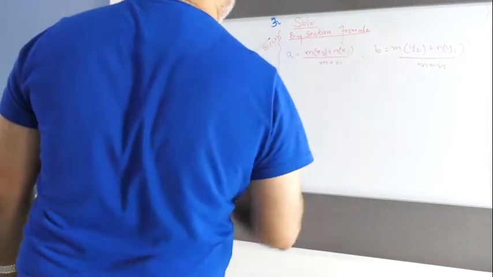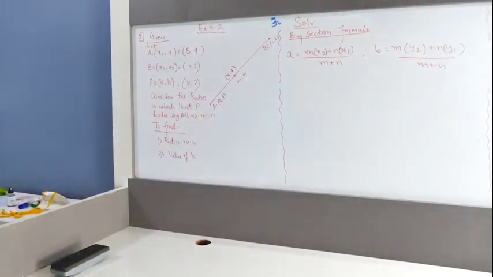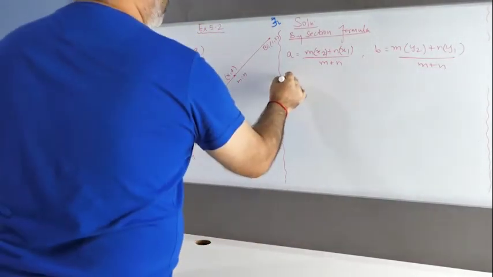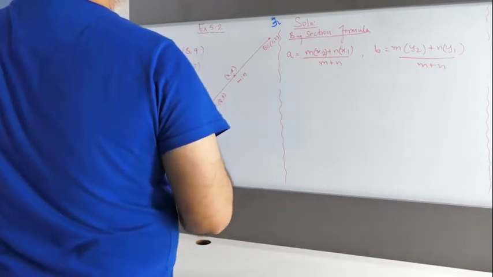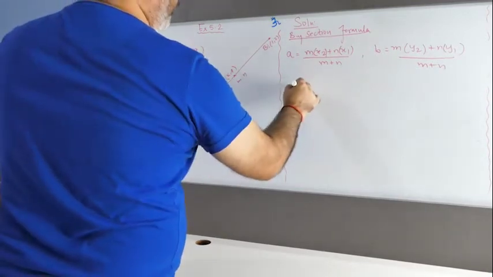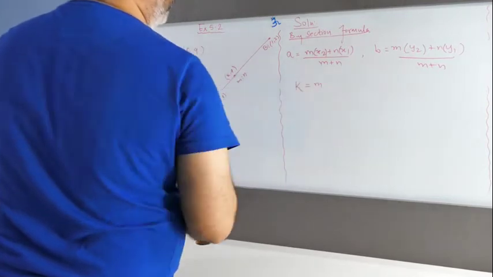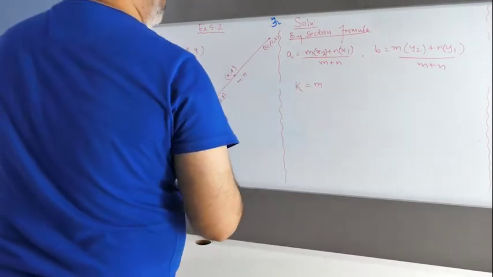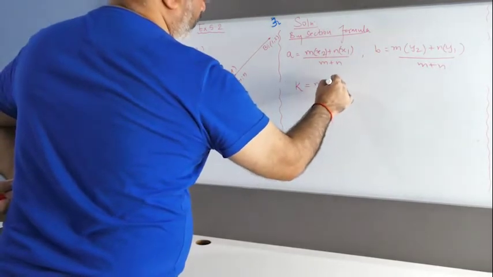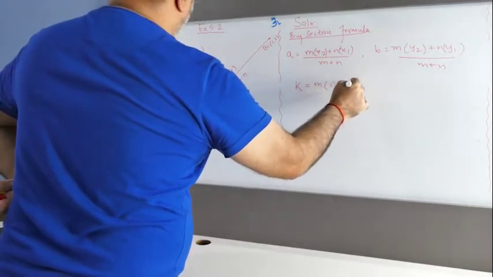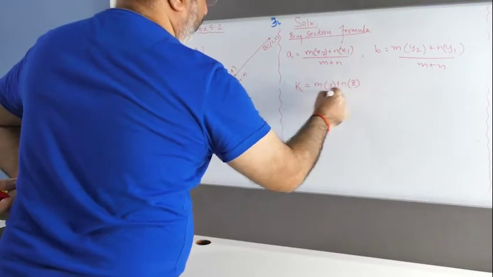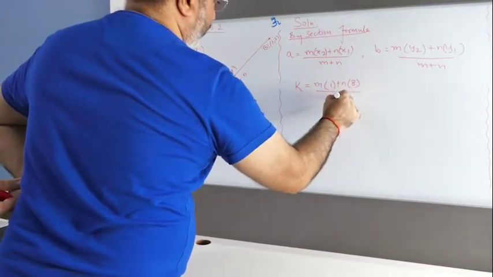Okay, clear? Now let's substitute. So, do we know the value of A? No, we have to find out, but it's given as K. Let's substitute K. M we don't know. What is x2? The value of x2 is 1. What is the value of x1? 8, divided by m plus n.